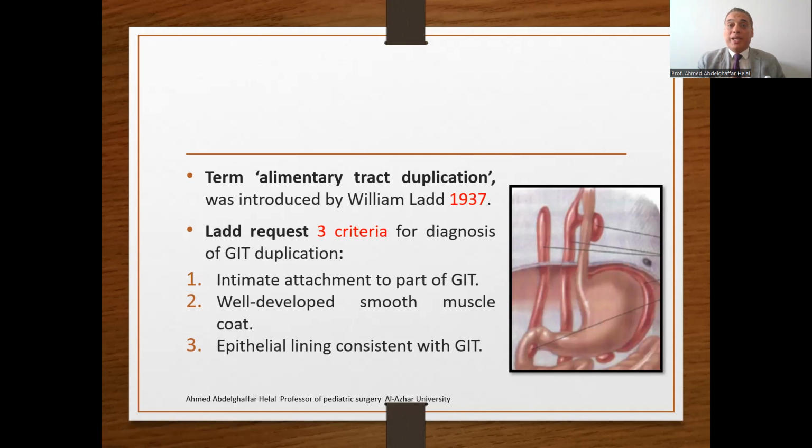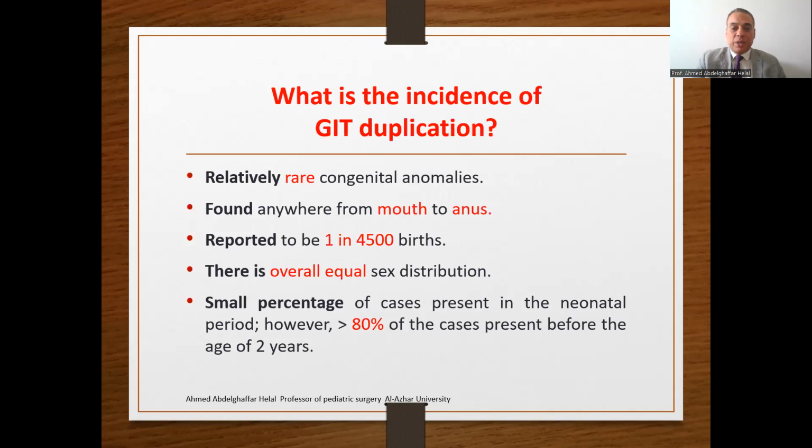Number two, the duplicated part contains a well-developed smooth muscle coat. Number three, the epithelial lining of the duplicated part is the same as that of the gastrointestinal tract. So to consider this malformation as alimentary tract duplication, we need intimate attachment, a well-developed smooth muscle coat, and the same epithelial lining.